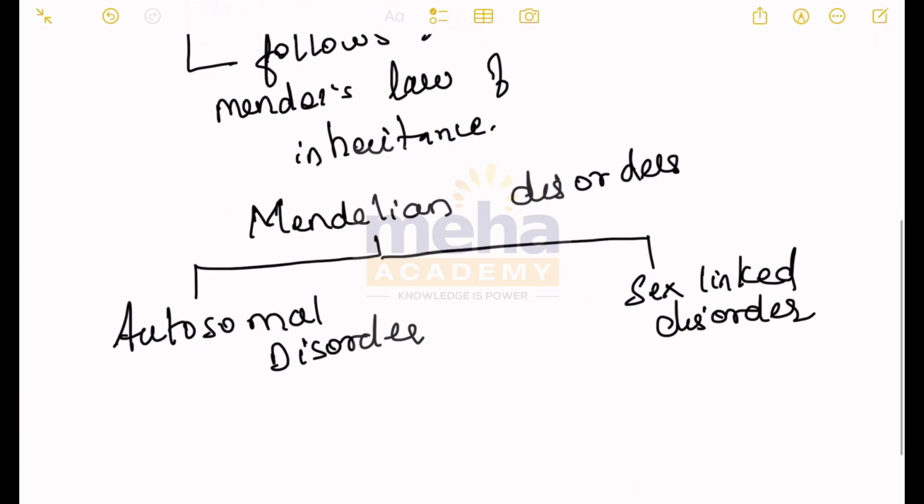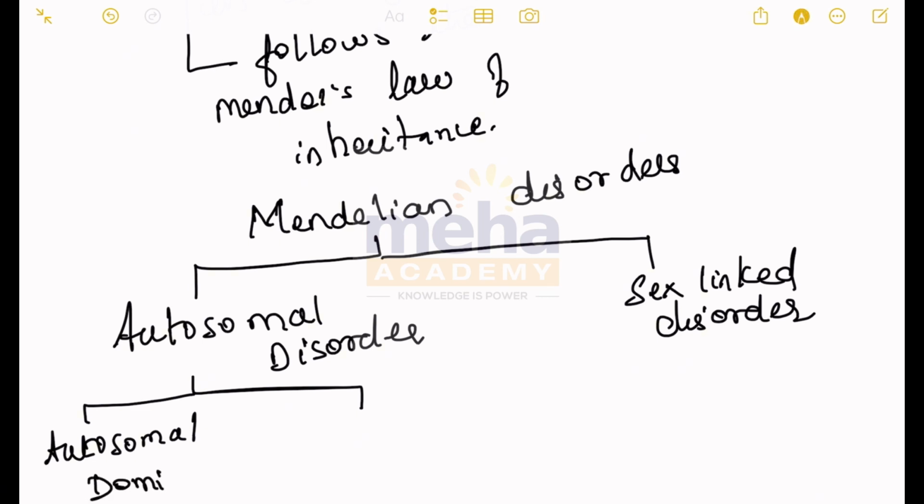In autosomal disorder, we have two further types: it can be autosomal dominant disorder or autosomal recessive disorder.